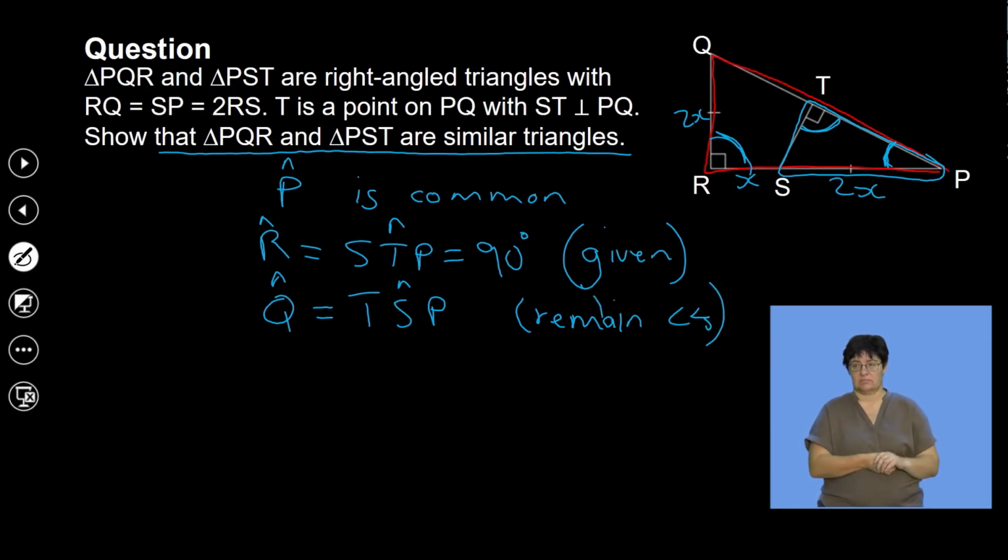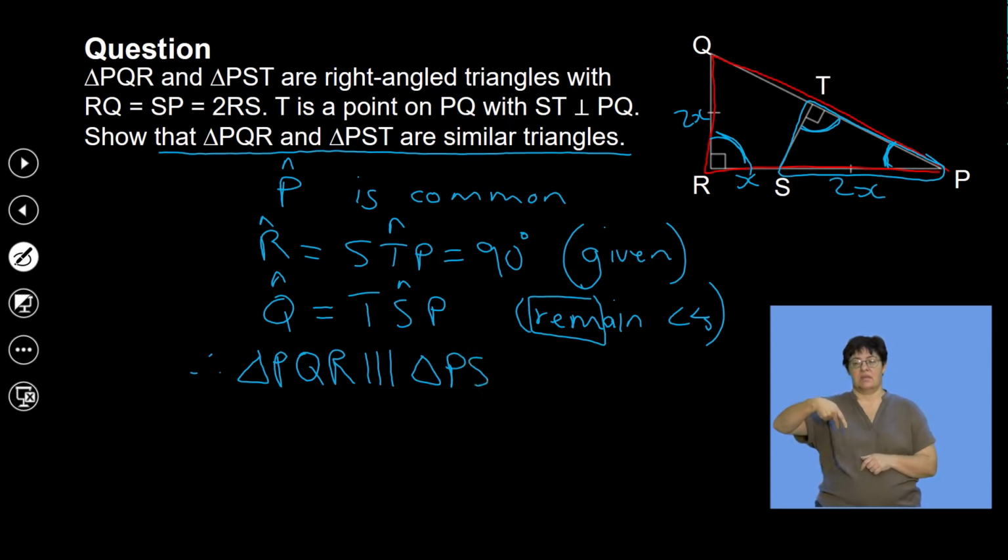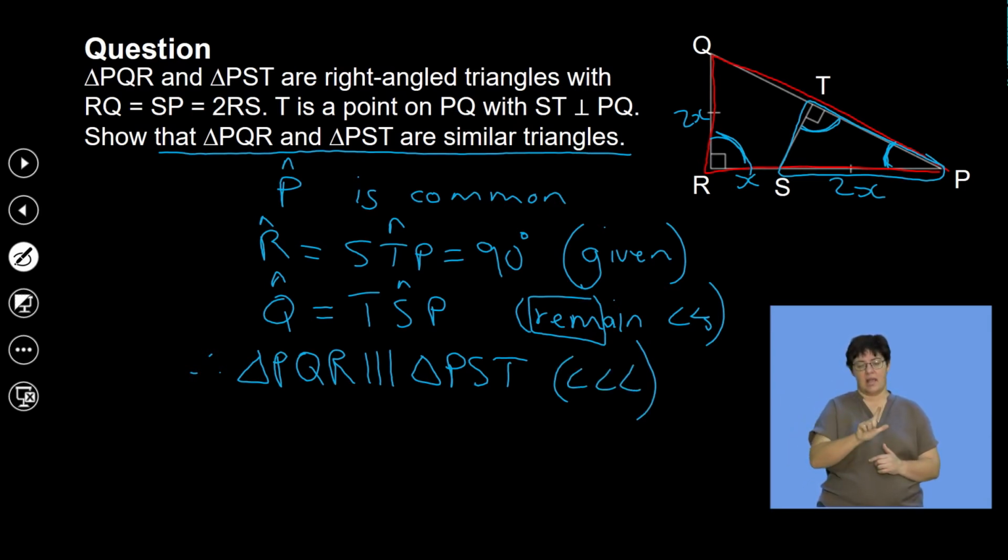But normally, you use REM. You don't need to write the whole thing. Therefore, I can then claim that the two triangles are similar. Triangle PQR is similar to triangle PST. And what will be my reason? Equiangular. Angle, angle, angle. It means one and the same thing.